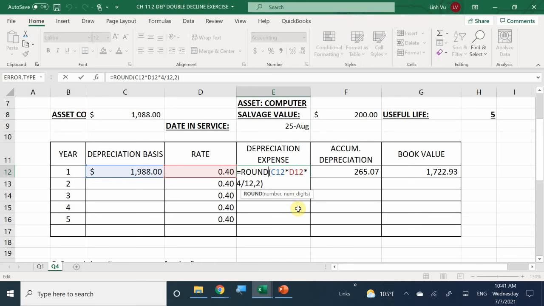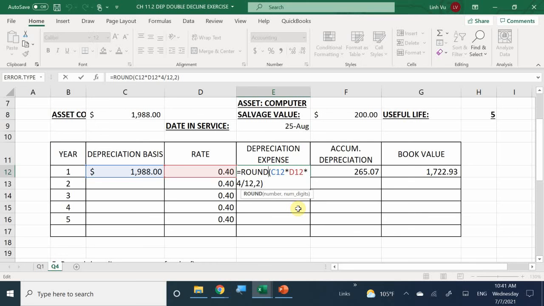Counting to December of that first year, that's 4 months: September, October, November, and December. So the formula is the depreciation basis times rate times 4 divided by 12.